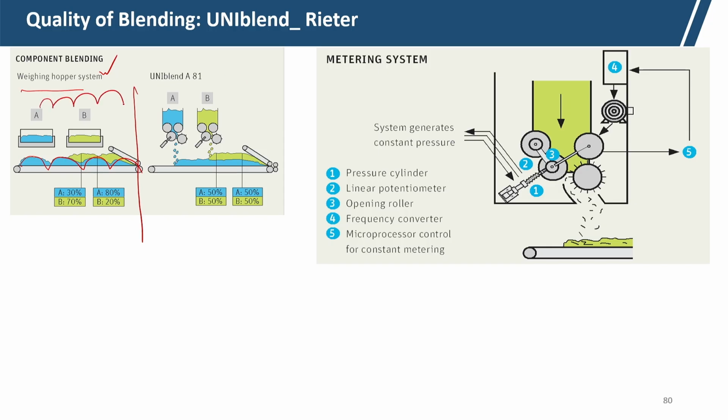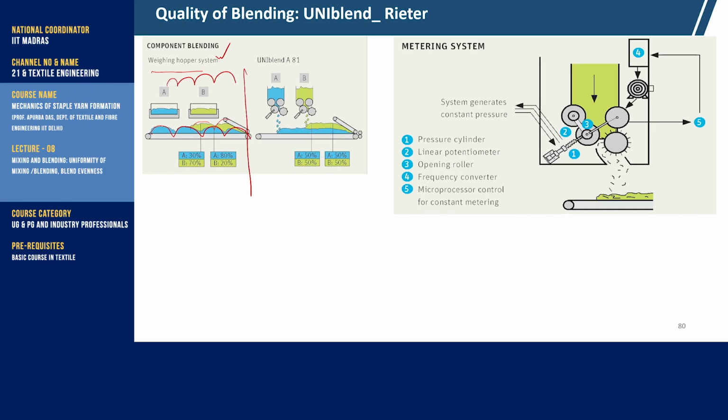These are the fiber layers, one layer in blue color, and in the green color also this type of feeding is there. That means feeding from the weighing hopper is not uniform, because there is no beater and the fibers come in the form of lumps.